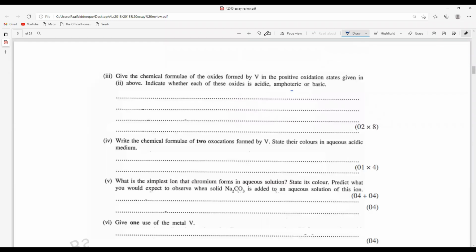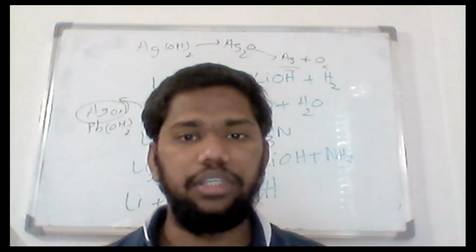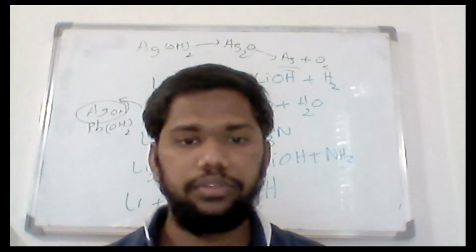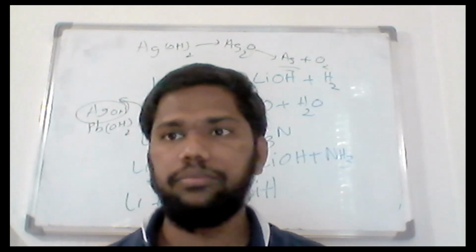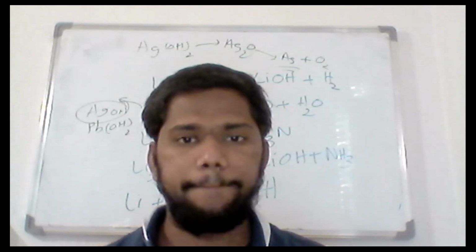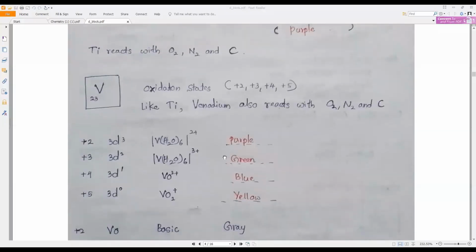So I think I have discussed this with you in one of the MCQ papers as well. So I will again share one of the, let's see, yeah, it's here. So this is vanadium, right? If you went through my D block chemistry video tutorial, you should know this by now.